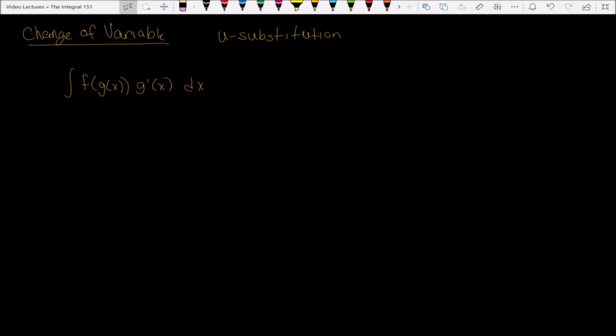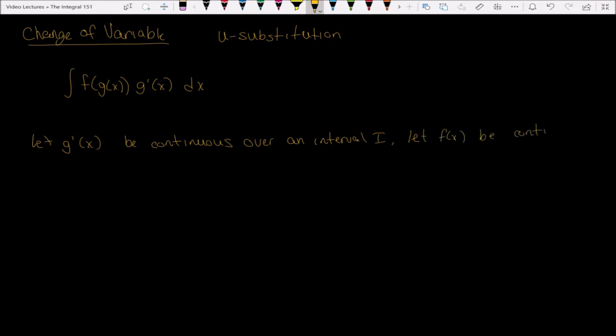What we will do is we'll say let g prime of x be continuous over some interval I. We will also let little f of x be continuous over the corresponding range of g.